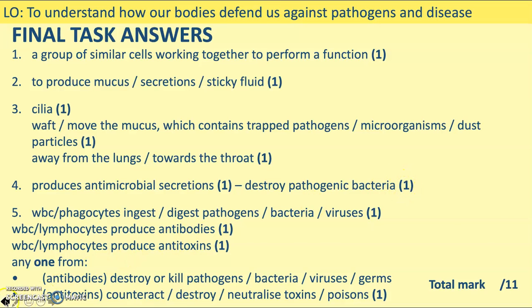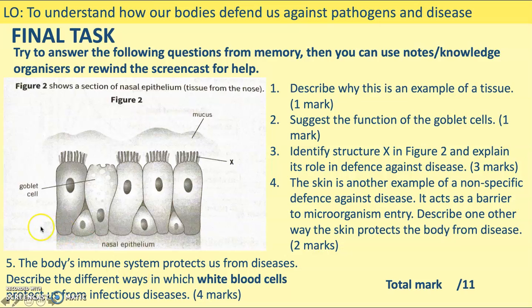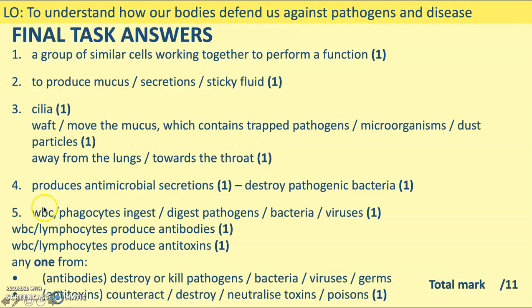And then question 5, down here, the body's immune system protects us from diseases. Describe the different ways in which white blood cells protect us from infectious disease. So now we are looking at the specific defences against disease. So white blood cell here, WBC means white blood cell, or you could say phagocytes. Ingest or digest pathogens, bacteria, viruses.